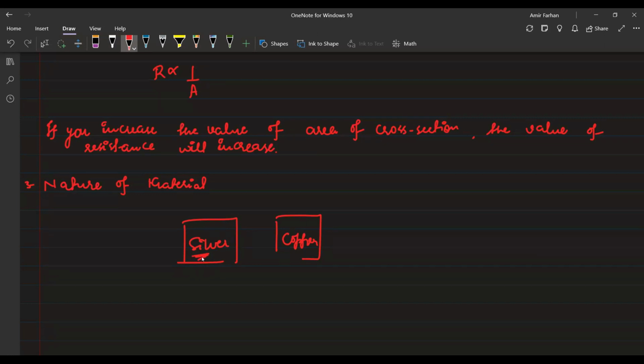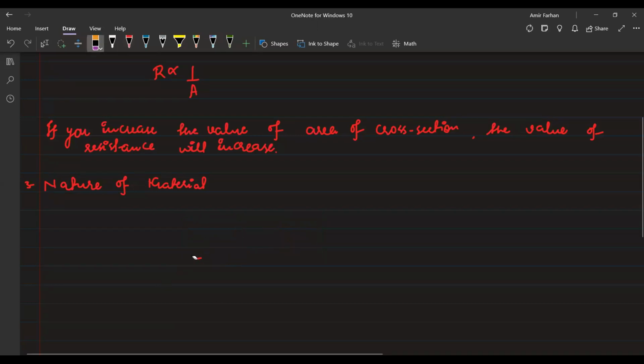Silver has low resistance because it easily loses its electrons, but copper has a little higher resistance in comparison to silver, because it is not able to lose its electrons as fast. But in comparison to other materials, it is a low resistance metal. So that affects the value of the resistance if you take different materials. Clear?